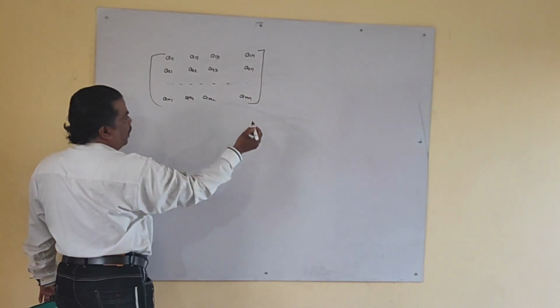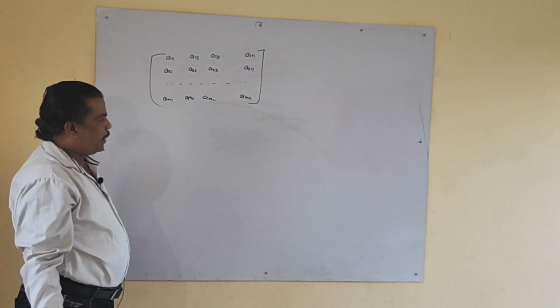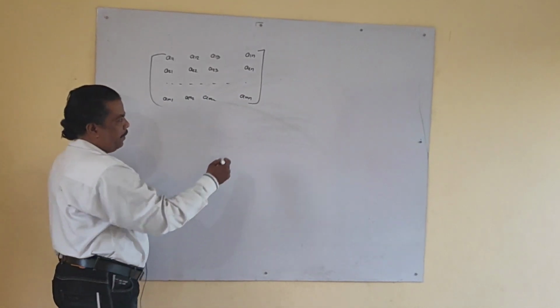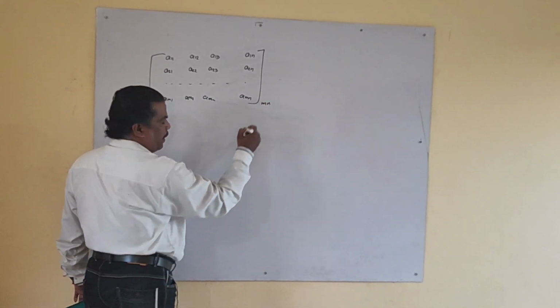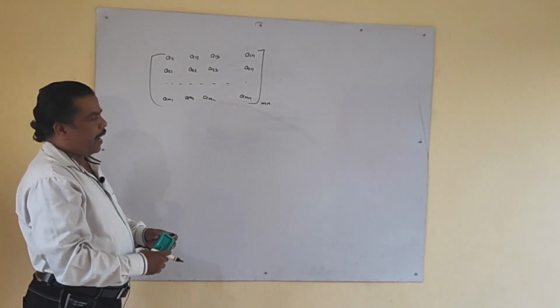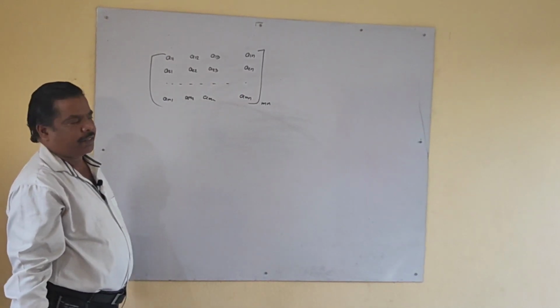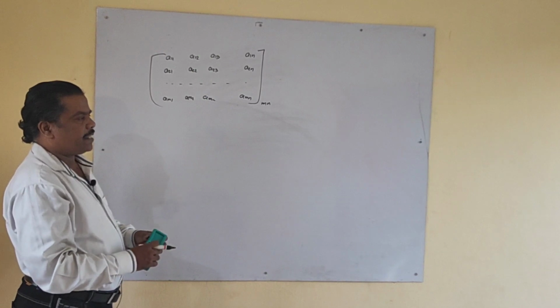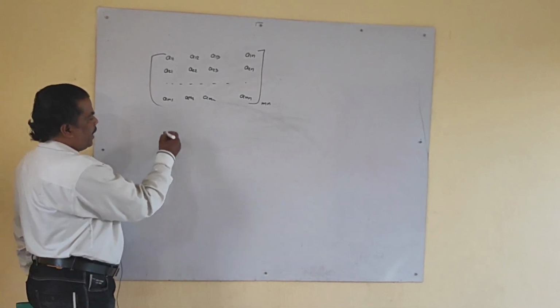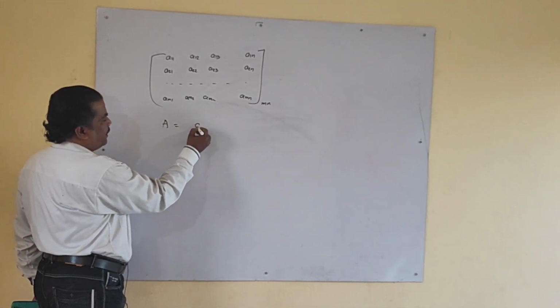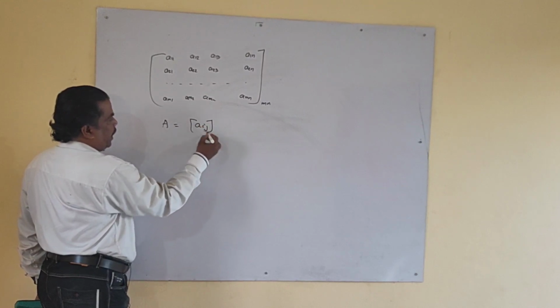Now I replace these with mn elements, and this arrangement is called a matrix, and it is denoted as Aij, m by n.